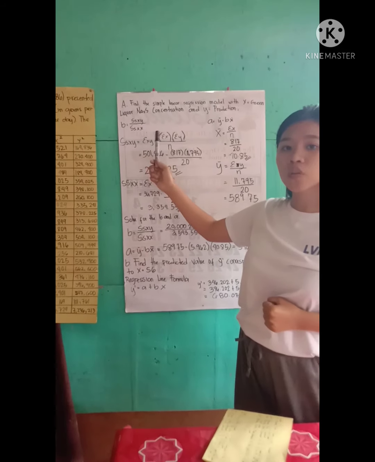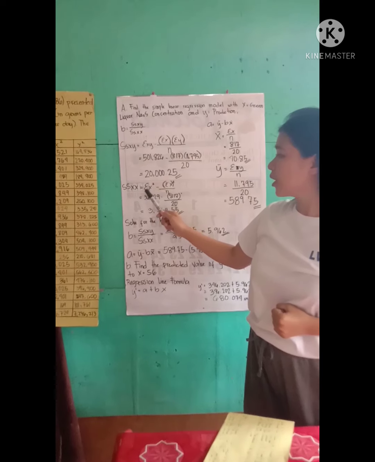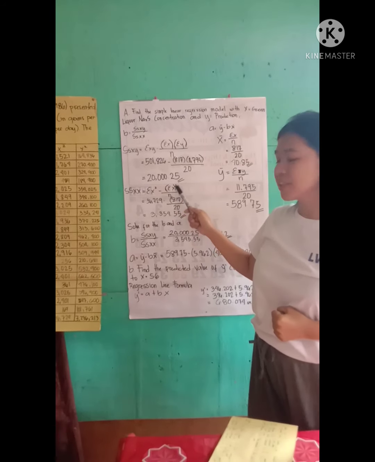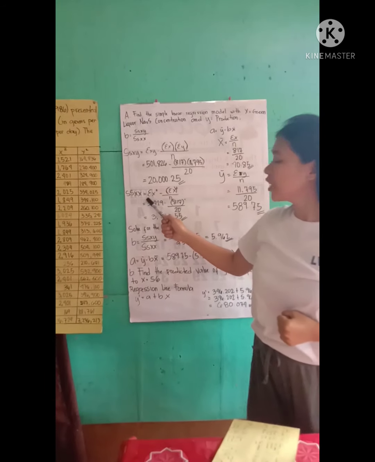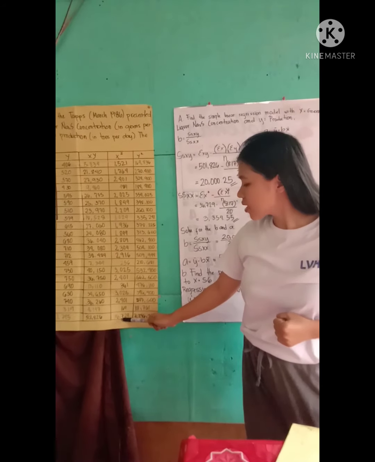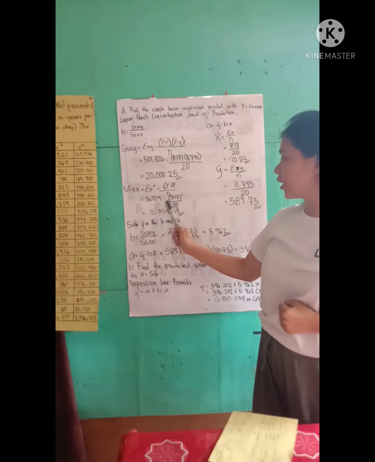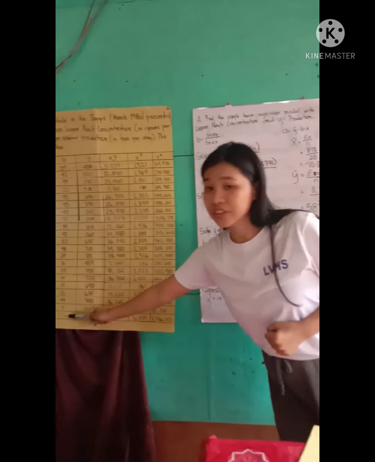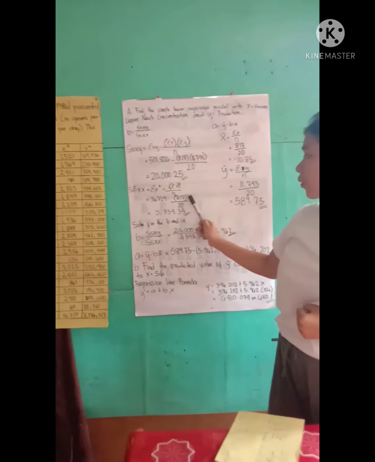And now let's solve for the summation of square xx. It has a formula of summation of x squared minus the quantity summation of x raised to the power of 2 divided by n. So the value of x squared is 36,729, and for the x, we have 817 raised to the power of 2.